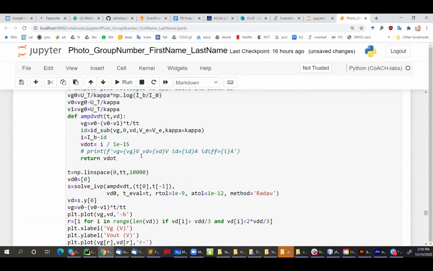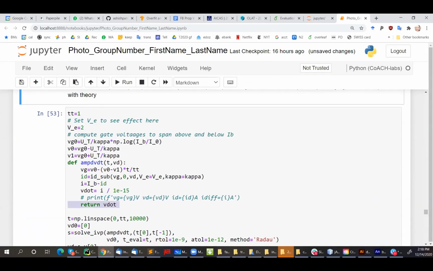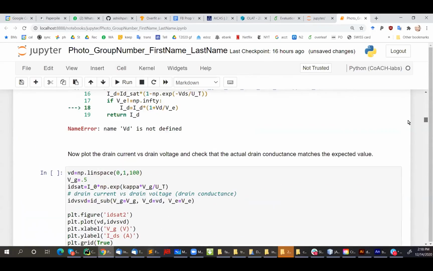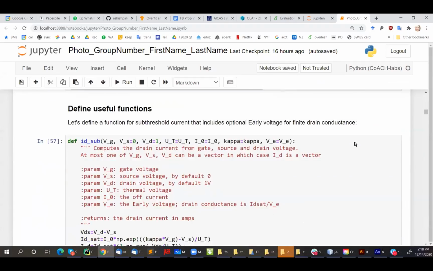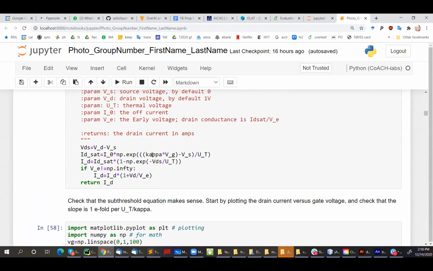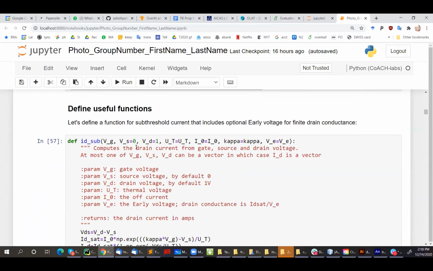And I think you defined it with the underscore in the definition of my subthreshold equation. Yes. Oh, thank you. Sorry, guys.